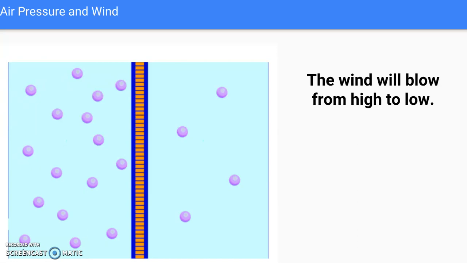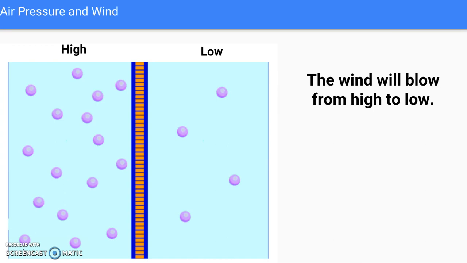If we take a look at this image right here, on the left-hand side, we see a lot more molecules than on the right-hand side. We consider the left-hand side to be high pressure, the right-hand side to be low pressure because of this. There are fewer molecules, meaning there's less pressure in the area. The wind will blow from high to low.